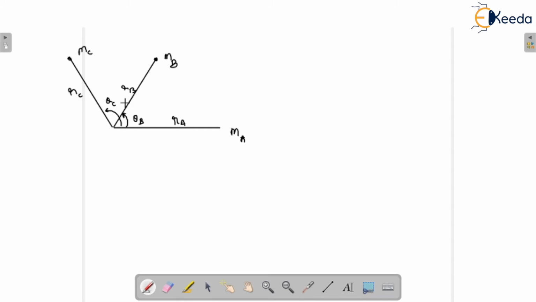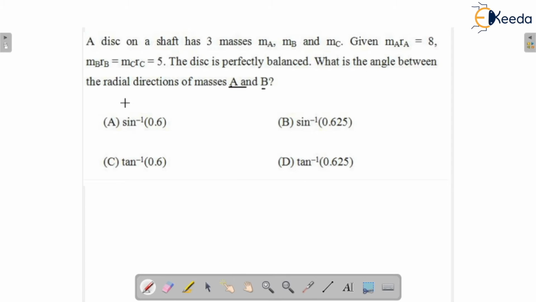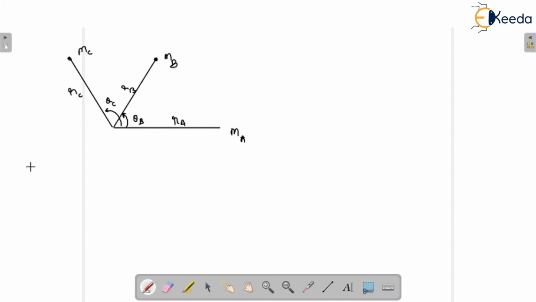We all know that. So first we need to calculate here. However, the question is not asking about the balanced mass and the radial location of the balanced mass. So we just have to write down the summation of mr cos theta, because omega is constant, it is the summation of mr omega square cos theta, that is equal to 0, because this is the summation of forces in the horizontal directions.